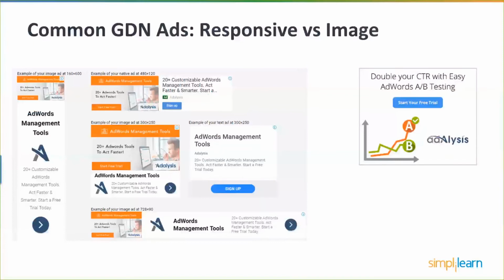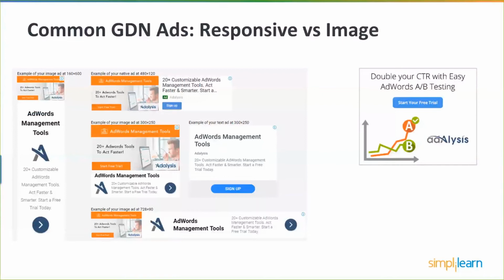So there's 2 types of common display ads. You have responsive and you have image. With responsive ads, you give Google a set of assets, which we're going to look at on the next slide. And then Google's going to combine those assets together to show the ad. So this means your ad can show in any size rendering, right?